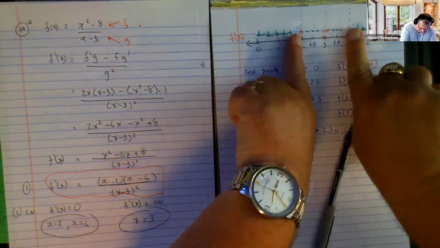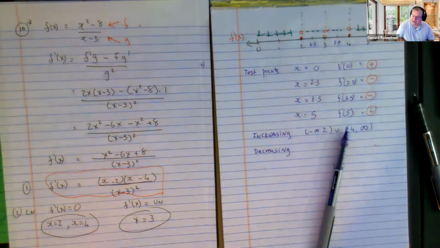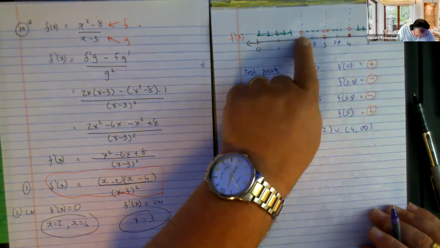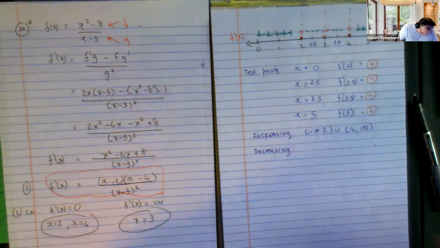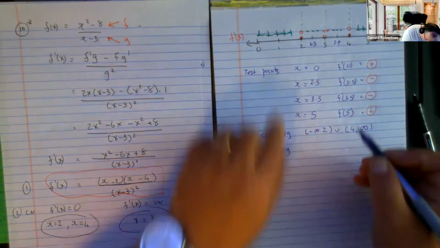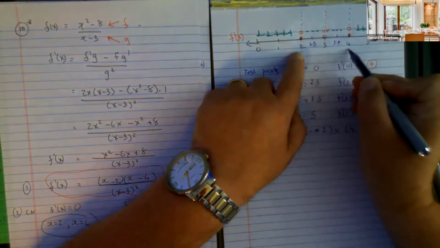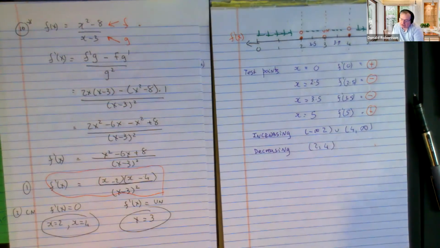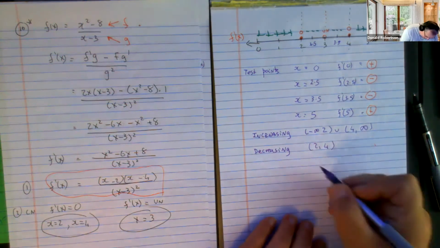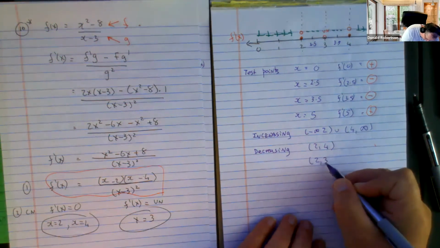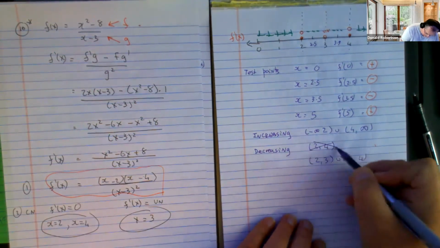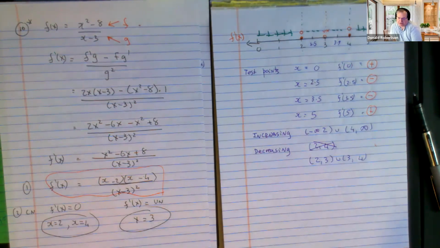So basically the outsides, it's increasing. Now, in the decreasing side, from here to here and from here to here, don't write this down because it's wrong. It's negative from 2 to 4. That is wrong. It's actually 2 to 3 and 3 to 4, even if WebAssign doesn't say it is.